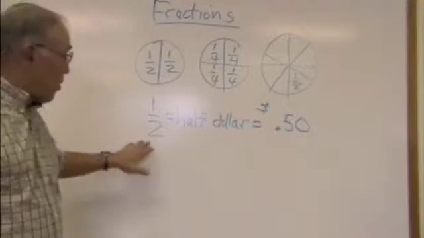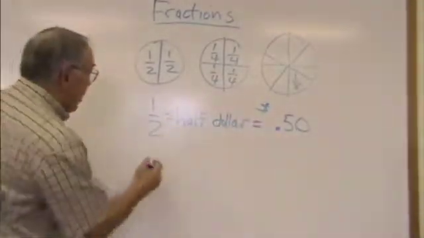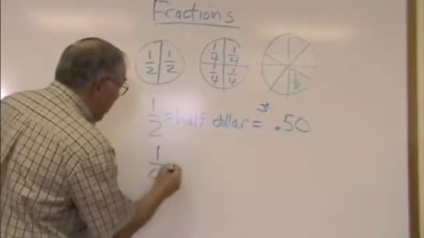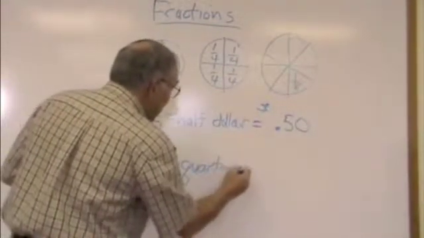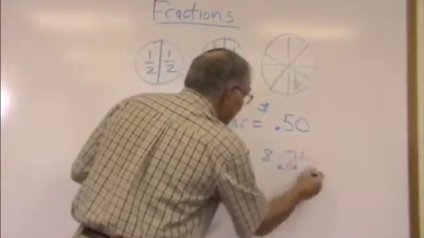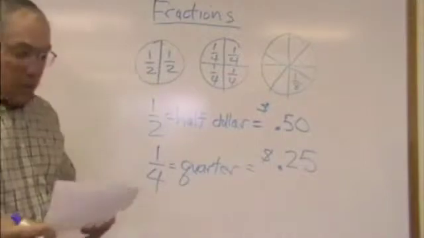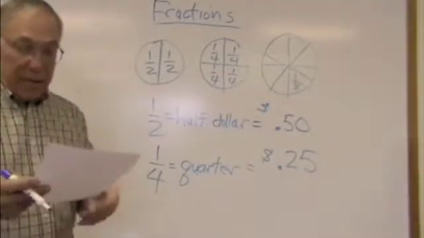So start to remember that 1/2 is a half dollar. It's the same as 50 cents. And in money, we also know that 1/4 is also called a quarter, and that's written as a decimal, 25 cents. So this is how we're going to get started with fractions.